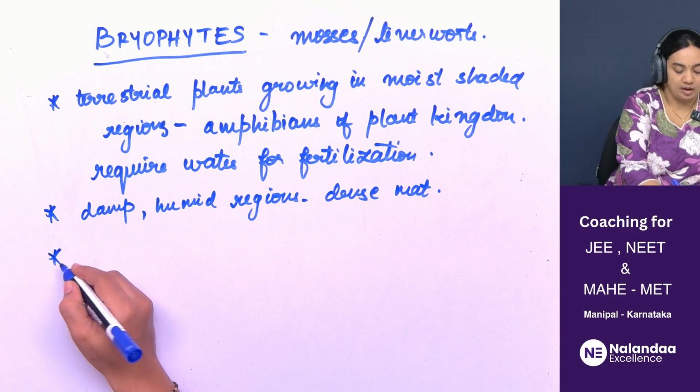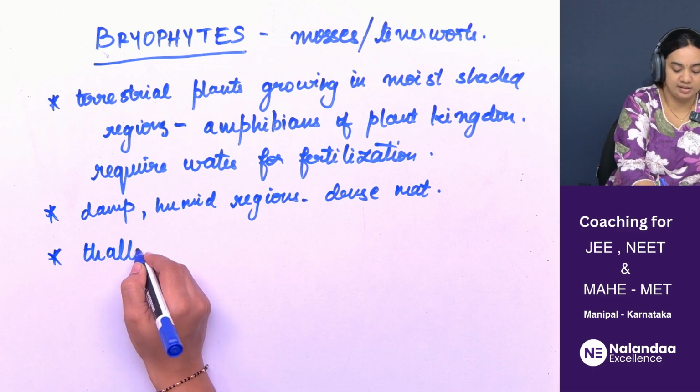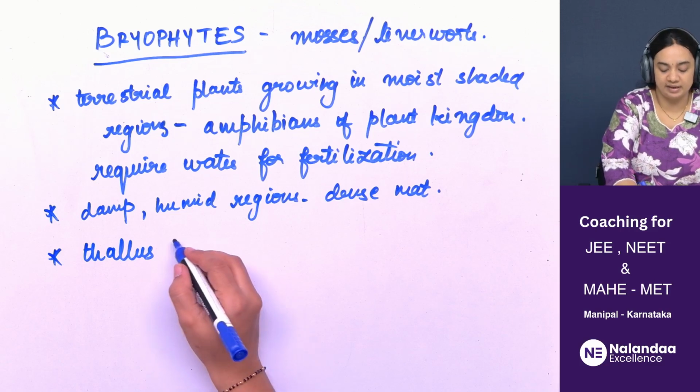Then the thallus, again, it is still thalloid, not properly divided.